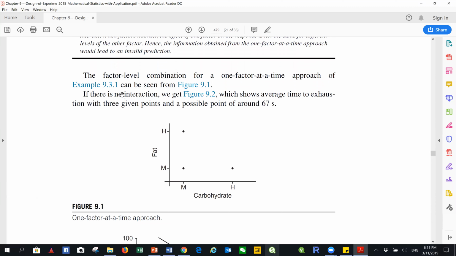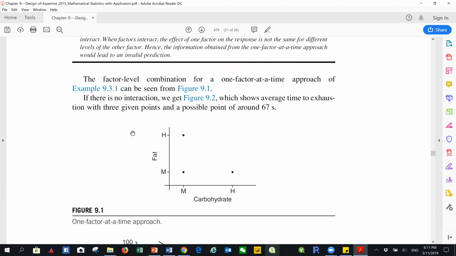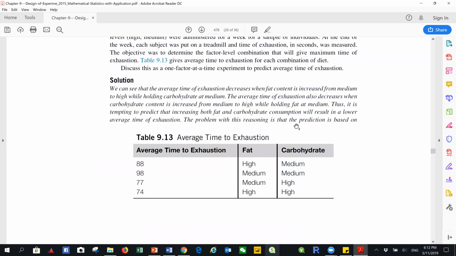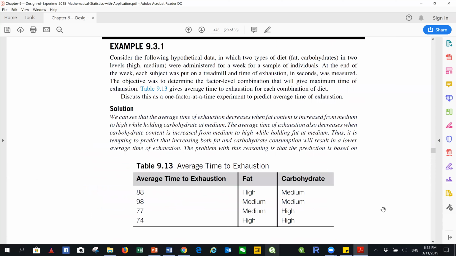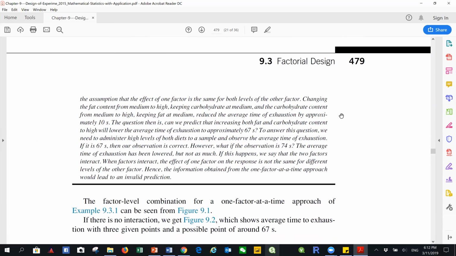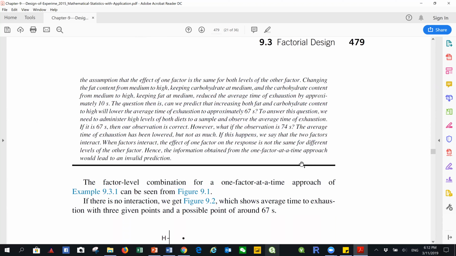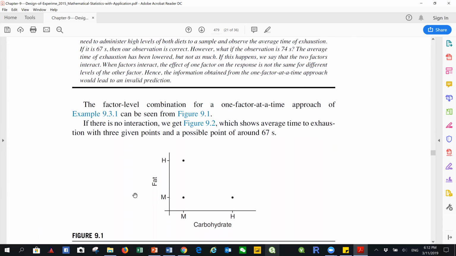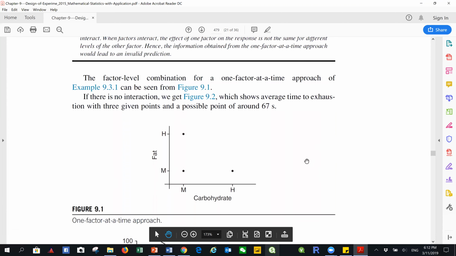For example 9.3.1, we look at fat one factor at a time, or we look at the carbohydrate one factor at a time.